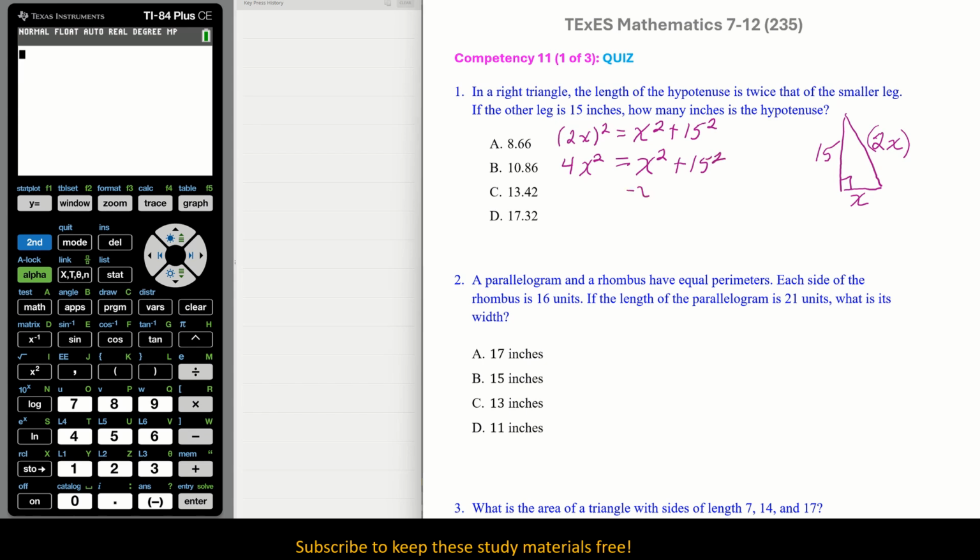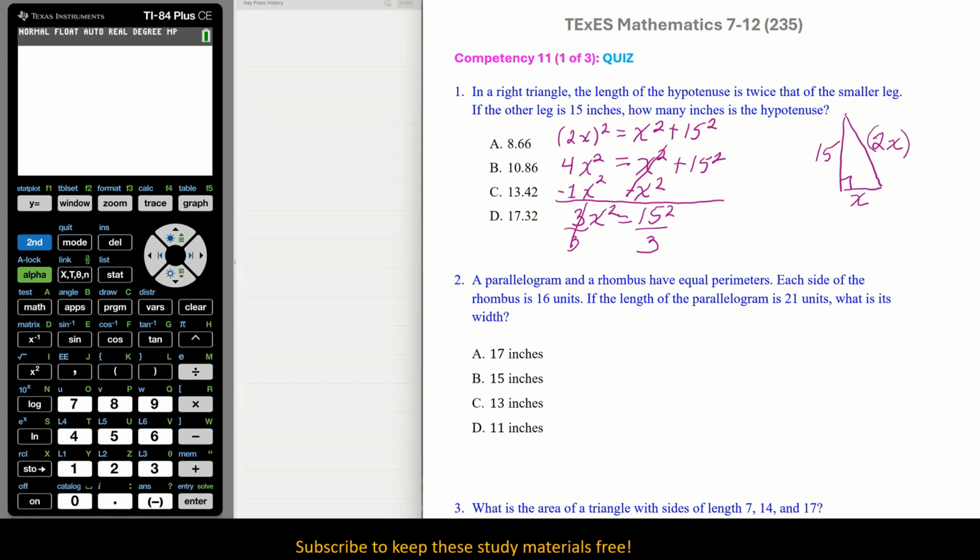So this means now we are subtracting x squared from both sides, so minus 1x squared. So what do we end up with? This cancels, and then 4 minus 1 is 3x squared, and then we have 15 squared on this side. Now we divide both sides by 3, so 3 over 3 is 1.